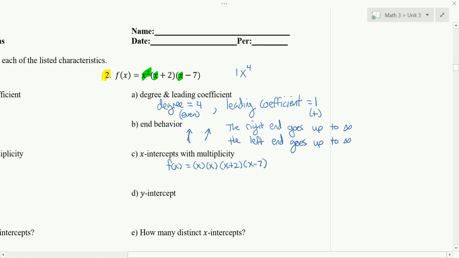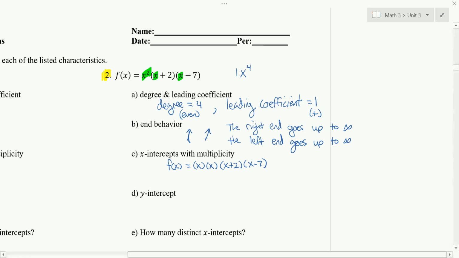So we see f of x has 4 linear factors with a variable, and each factor is going to give an x-intercept. If you have repeat factors, you're going to get the same x-intercept more than once, and so that's why we introduce the idea of multiplicity.